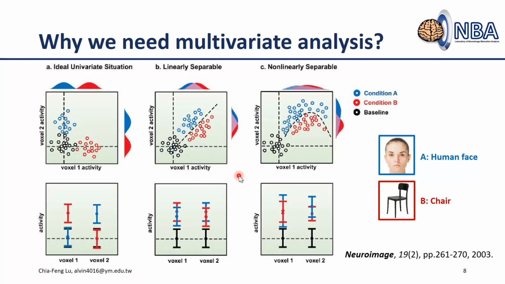For example, I take 3 voxels, 4 voxels, or even tens of voxels into account. Then the dimension becomes 2, 3, 4, or however many features or variables you have on hand. This is why we introduce multivariate analysis to help us perform pattern analysis.